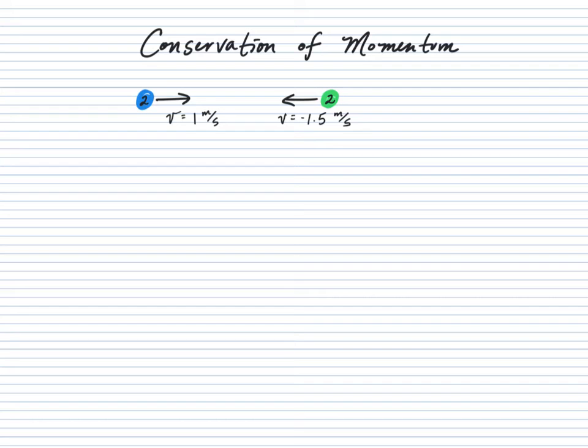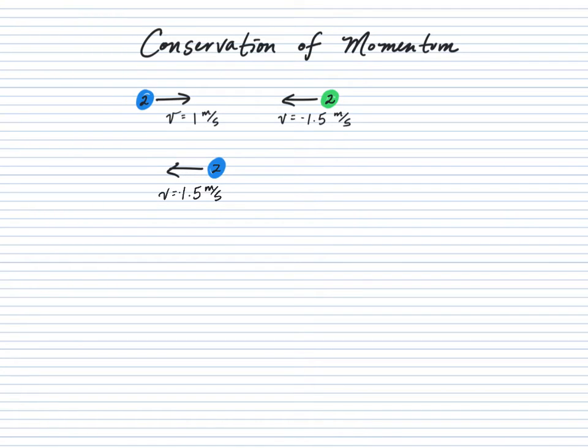We can almost think that the momentum of this guy gets transferred to this guy. What you should have seen today was that the blue guy started to move in the opposite direction, at the velocity that the green guy was going. So it started to move leftward with a velocity of negative 1.5 meters per second.